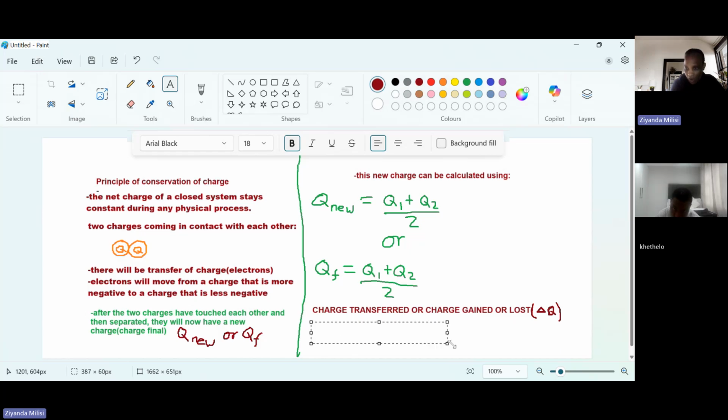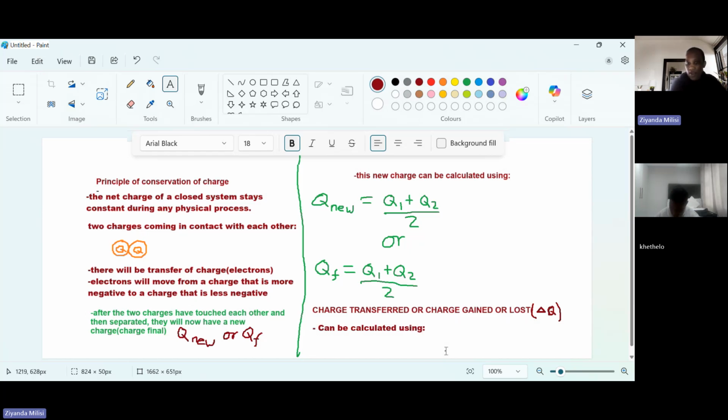I will show you now the formula of calculating the charge transferred, or charge gained or lost. So change in Q can be calculated using Q final minus Q initial.